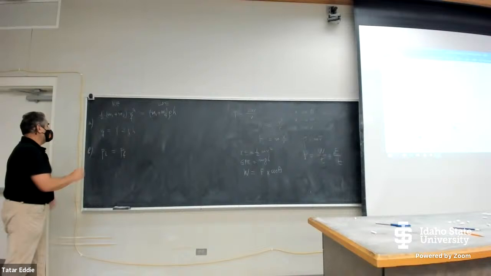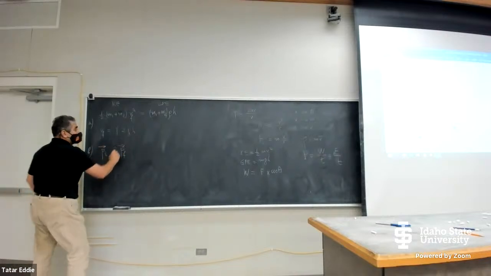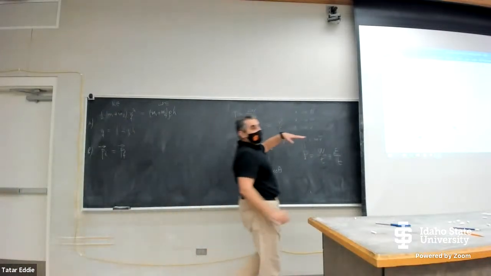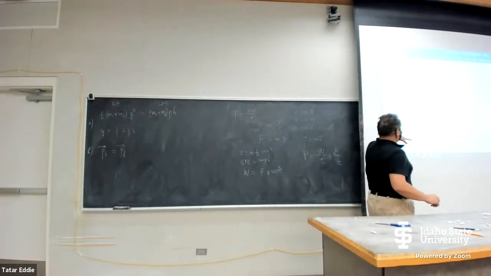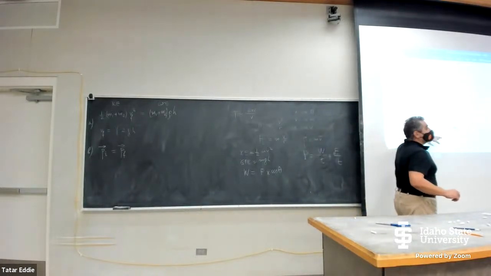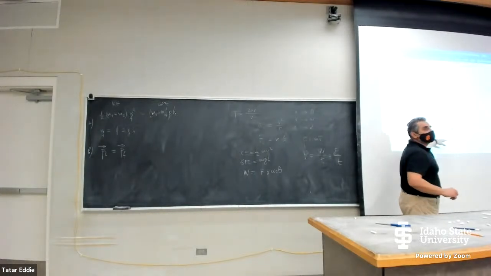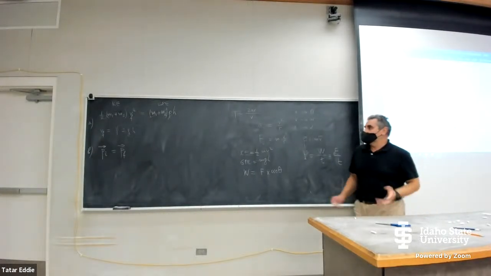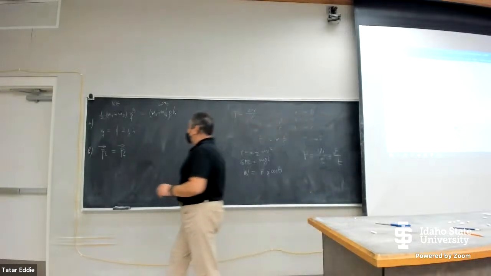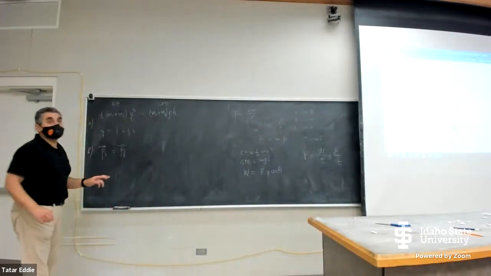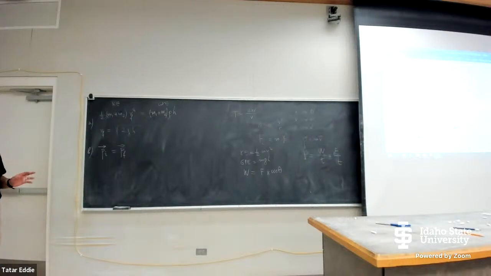Vector signs are not needed, because before the collision and immediately after the collision, all the vectors are along this horizontal direction. The linear momentum before the collision is only due to the moving bullet.